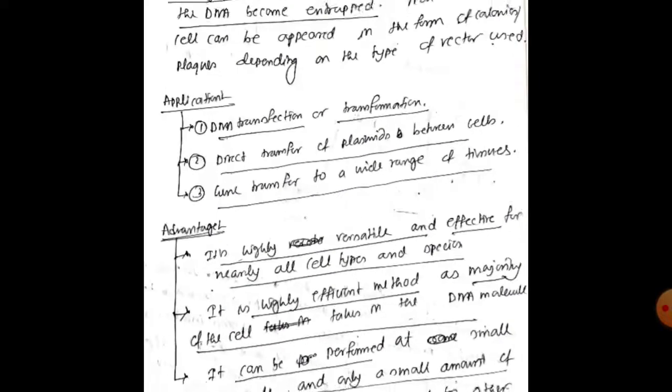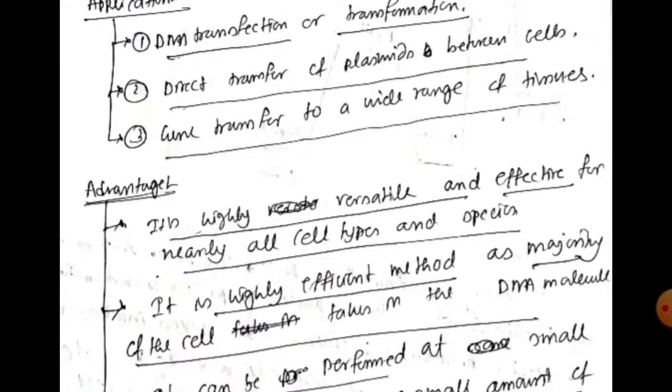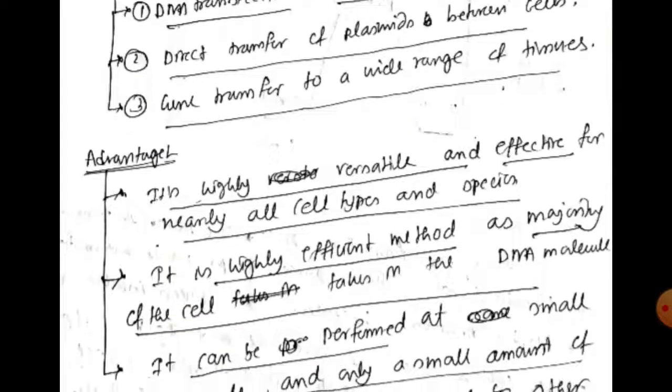So in electroporation, the application purpose is DNA transfection and transduction, and we can perform direct transfer of plasmid from one cell to another cell. The advantages are that we can use electroporation for transferring any gene, and it will be transferred with high efficiency and sensitivity.